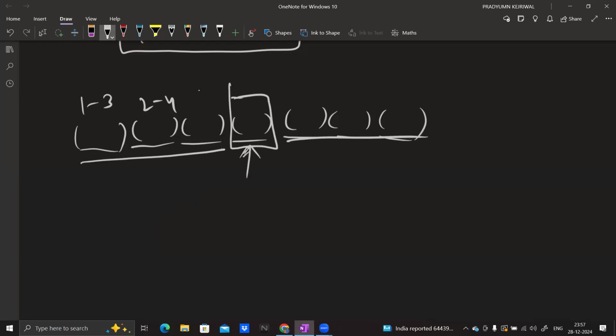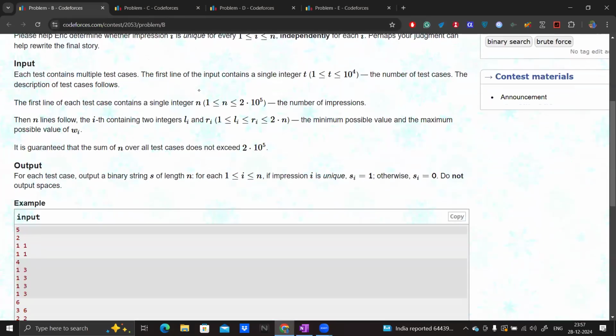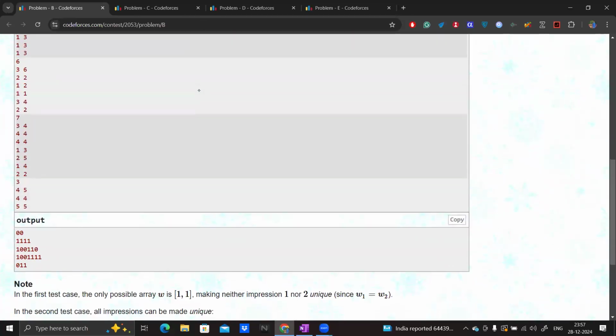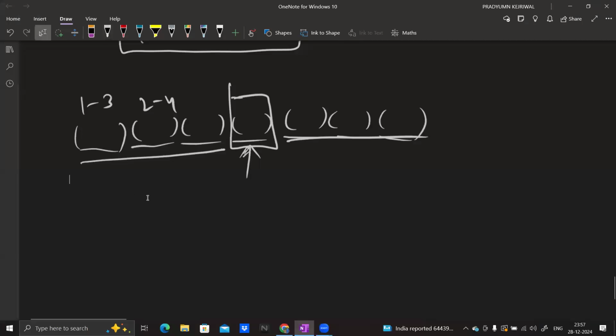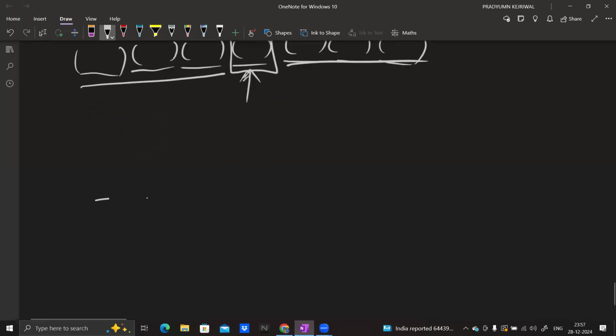So I'll just explain some sample test cases. Let's take this one: 1 3 1 3 1 3 1 3. Basically, we have four elements, and all four of them can range from 1 to 3. Let's say for this element, I want to say, can it be unique?